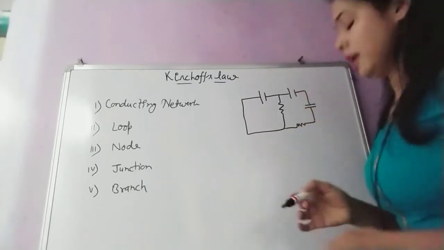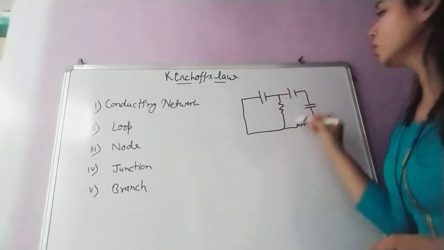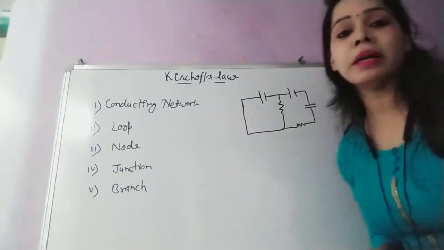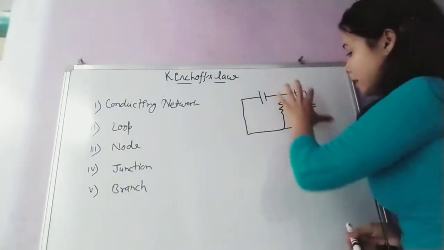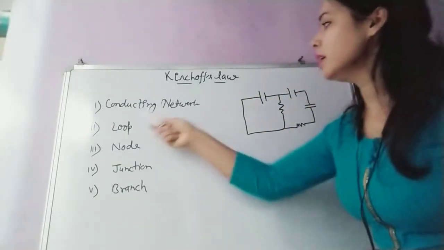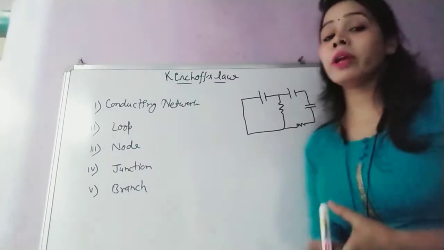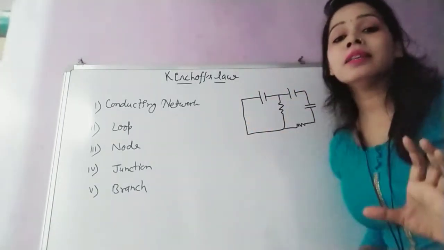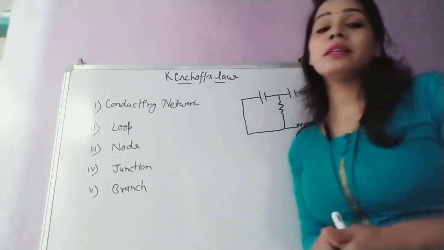So all these are the elements. The combination of all these conducting elements is known as a conducting network.